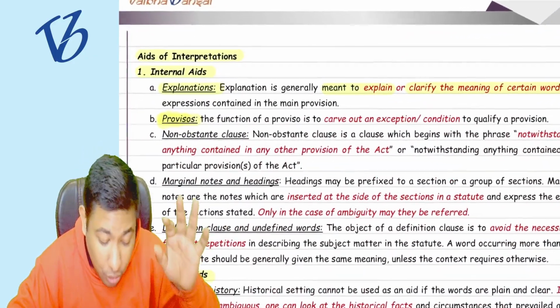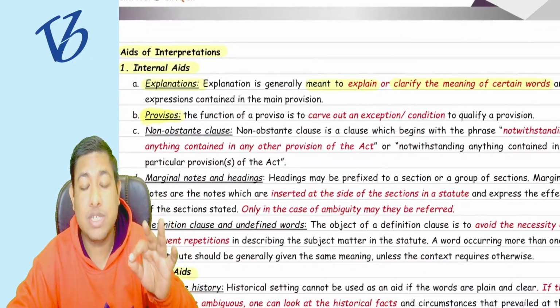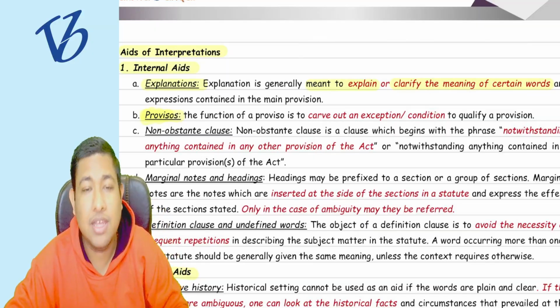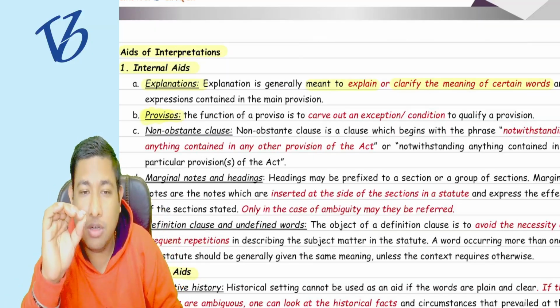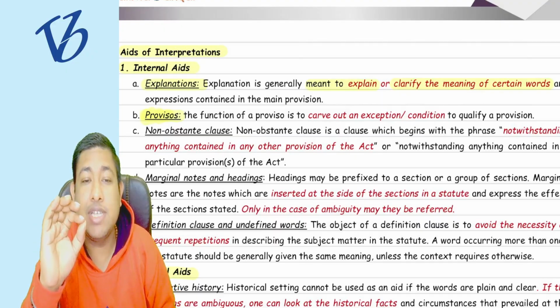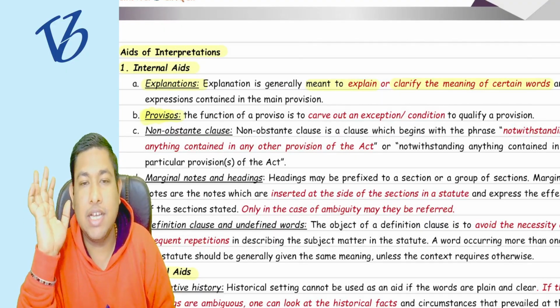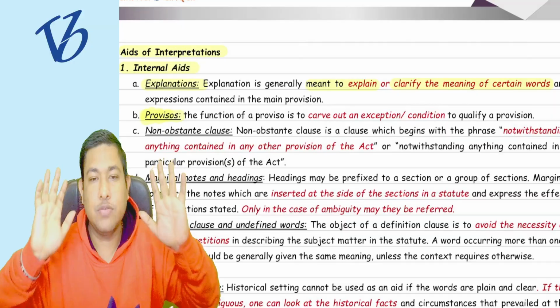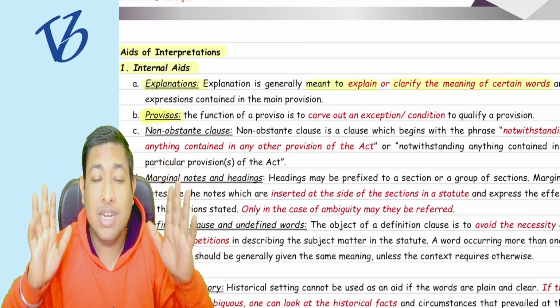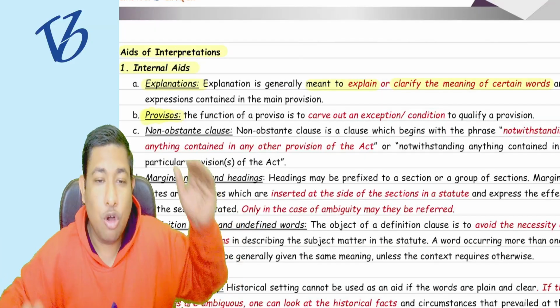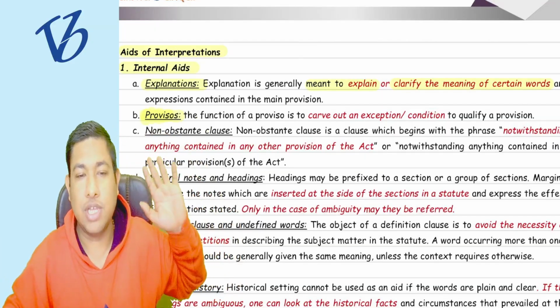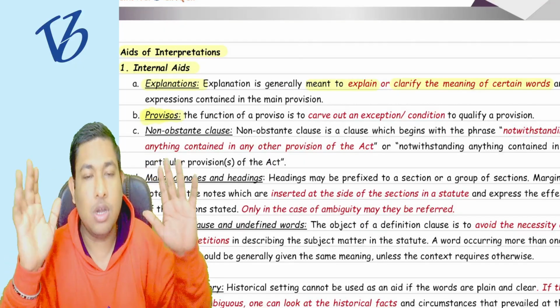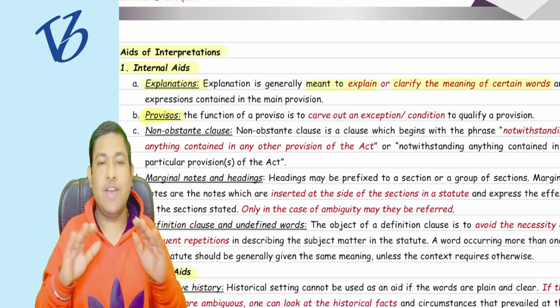Because of the non-obstante clause, there could be some provision which says that notwithstanding anything contained in this provision, or in the other provisions of the act, I do not listen to what other provisions are saying. What I am saying is the final thing.